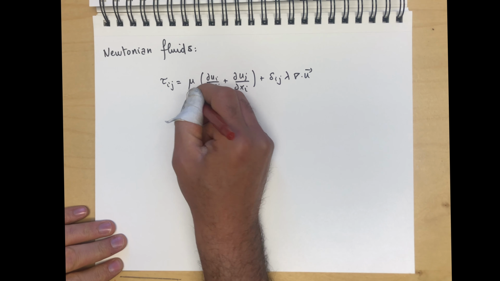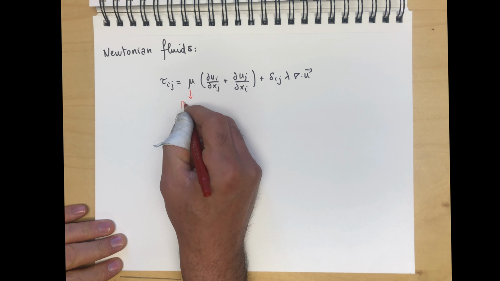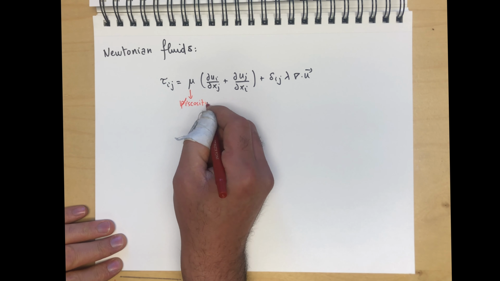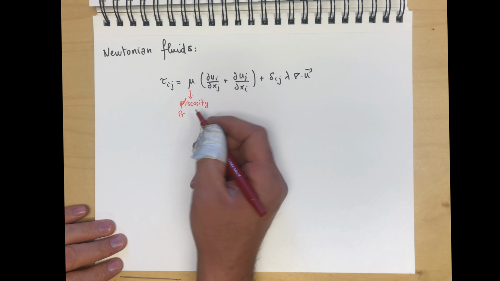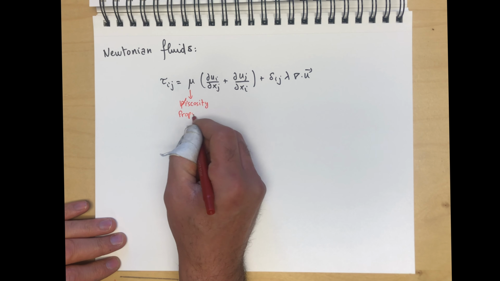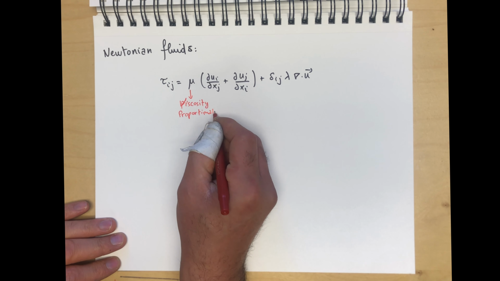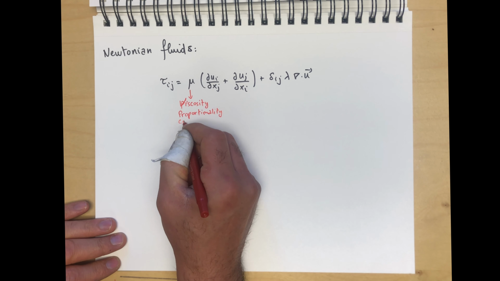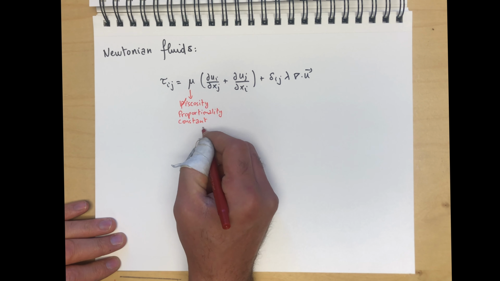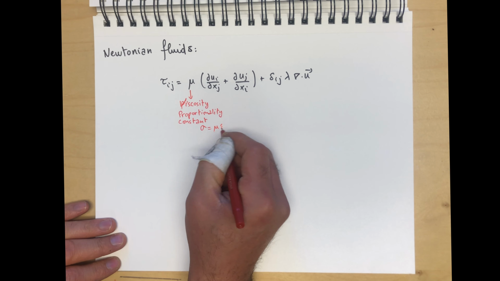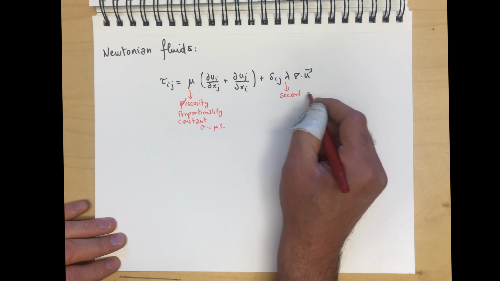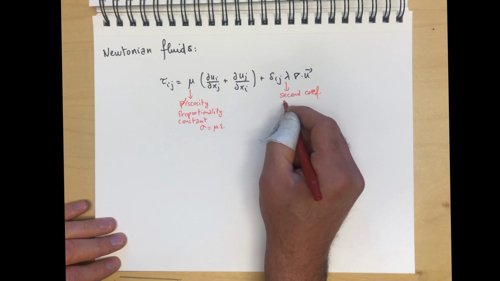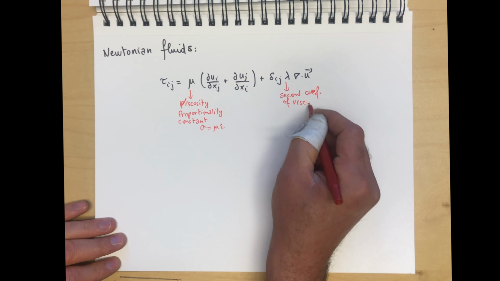This mu is the proportionality constant, or called viscosity, and it's a proportionality constant between the stress and the strain in this case. Sigma equals mu epsilon, and this lambda is called the second coefficient of viscosity.